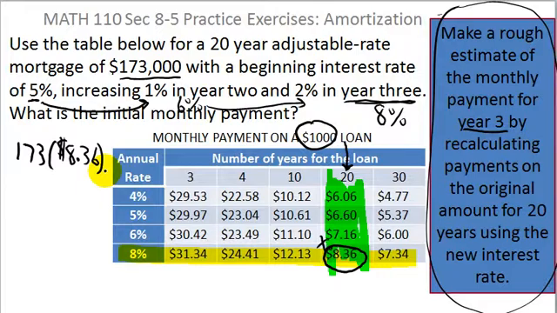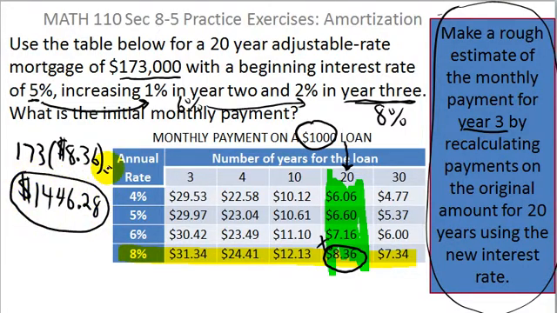If you multiply those two values, you get $1,446.28. And they're saying this is a rough estimate because they're saying just assume that the whole 20 years was at 8%, when in reality the first year would have been 5, the second year would have been 6. But over the course of 20 years, those first 2 years aren't going to change it too much. So a quick estimate would be $1,446.28.